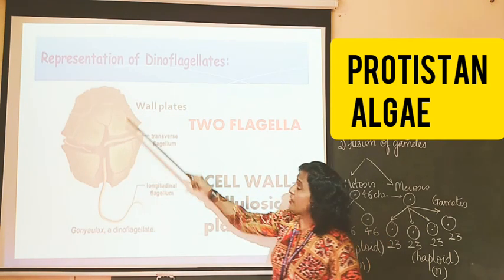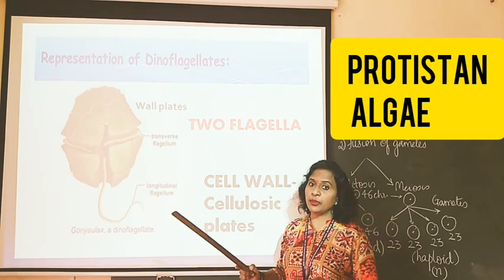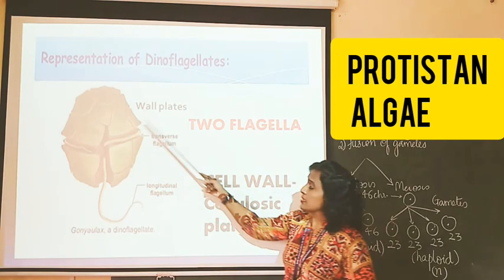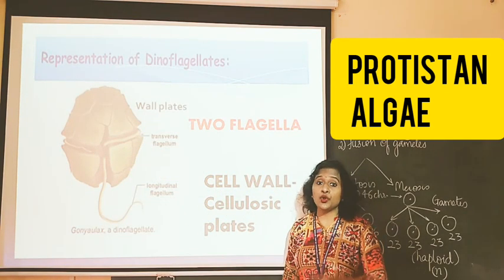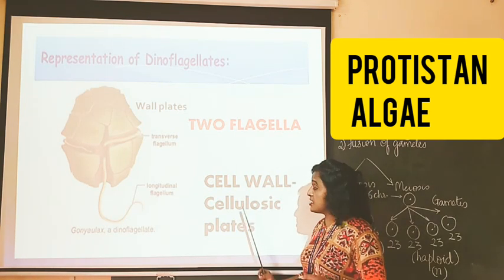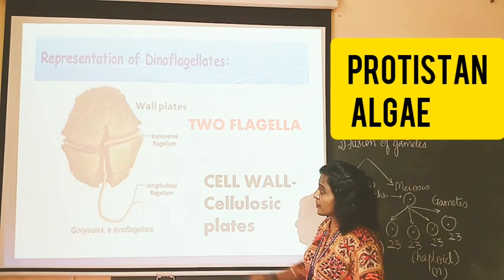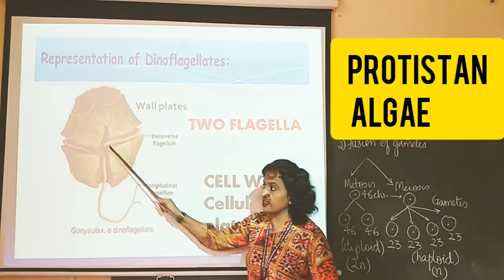Dinoflagellates have a plate-like cell wall. It will be a little stiff. This cell wall plate is also called a cellulosic plate. That means it is very stiff, and these plates are cellulosic in nature. There is some furrow which we can see here.